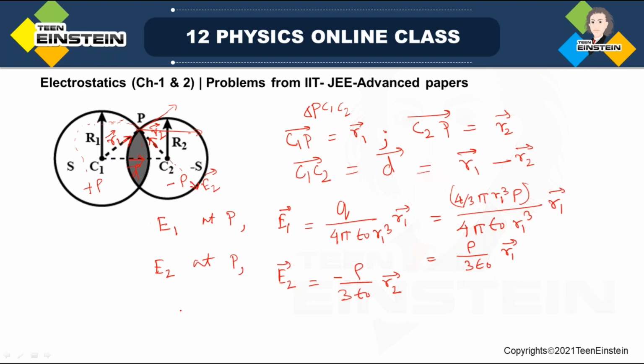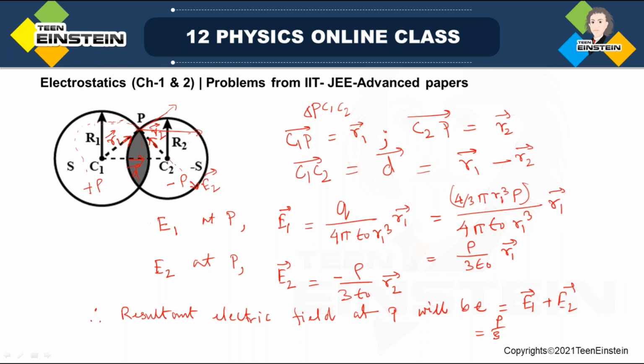So if we take the resultant at that point, the resultant electric field at P will be the vector sum of these two fields, which gives rho by 3 epsilon naught into r1 minus r2.